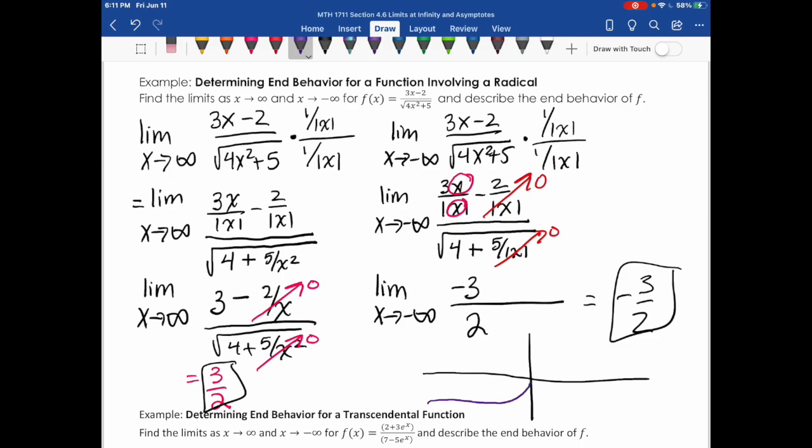It's going to look something like this, where you have a horizontal asymptote at +3/2, and then you have a horizontal asymptote at -3/2. So when you trace the graph approaching positive infinity, you're getting closer and closer to the value of 3/2 for y, and then going to negative infinity, you're getting closer and closer to -3/2 for y.